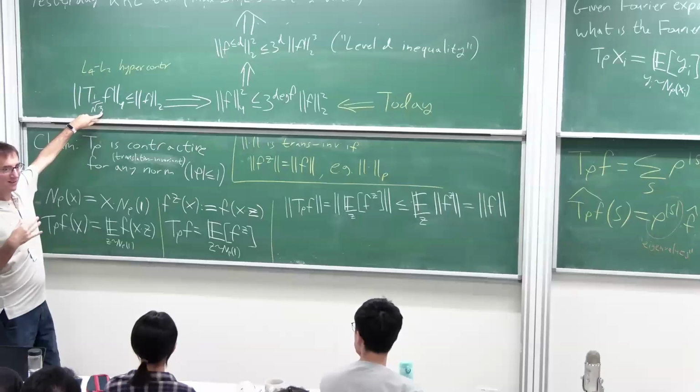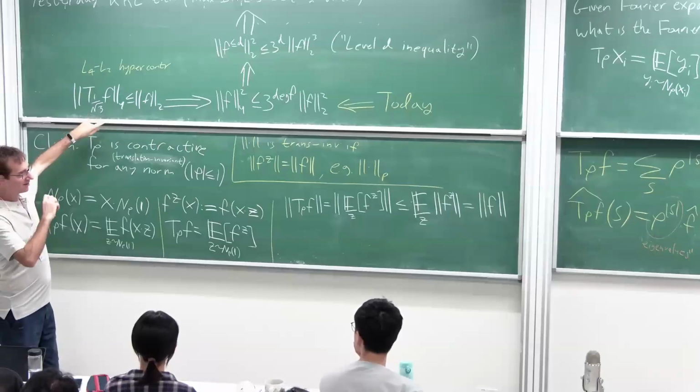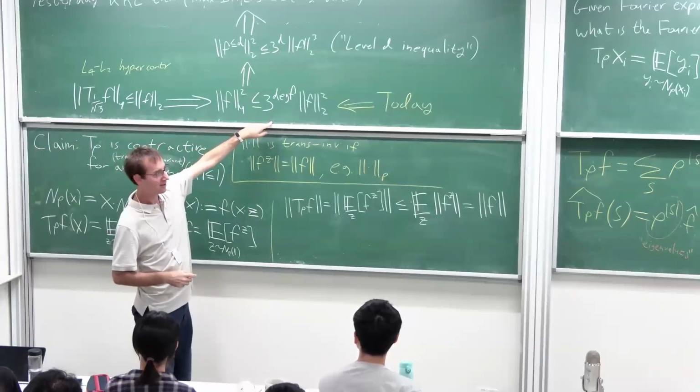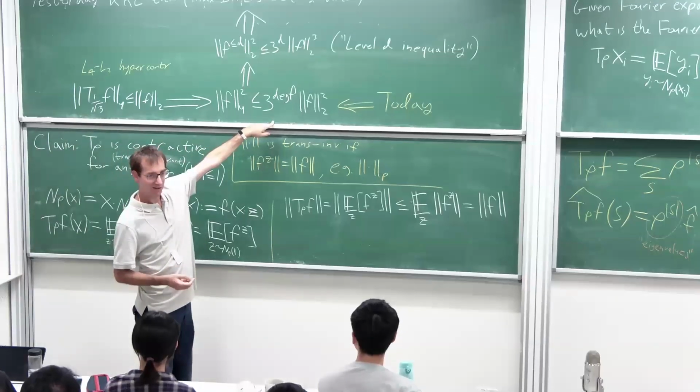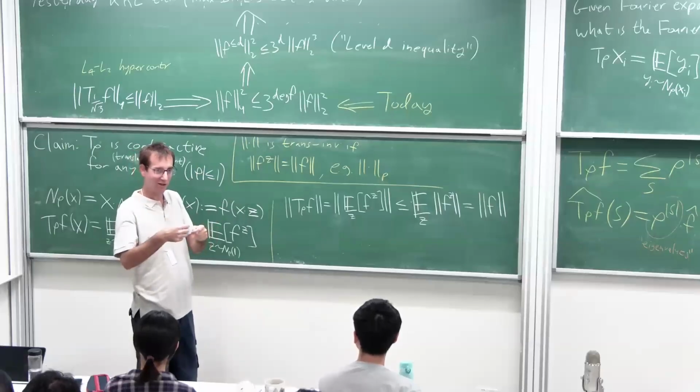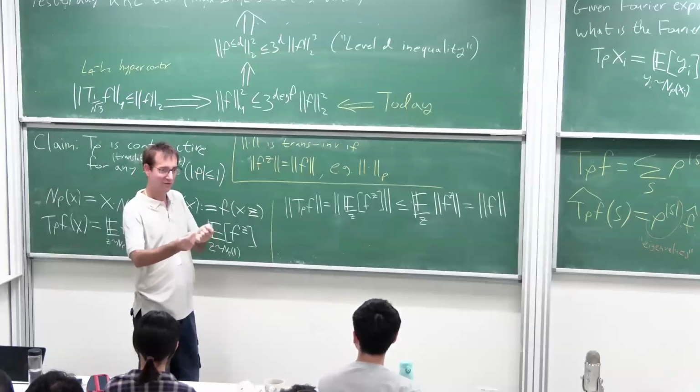If we look at what's happening here, where did this 3 to the degree of f come from? This is 1 over square root 3 to the d, squared. And this 1 over square root 3 to the d is the minimal eigenvalue of any eigenfunction of degree at most d.